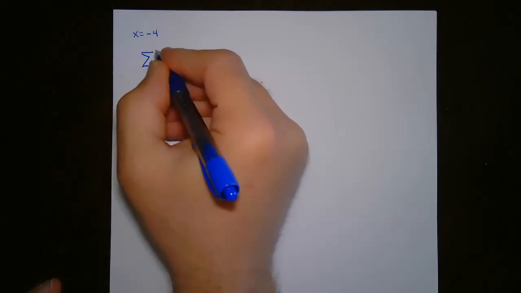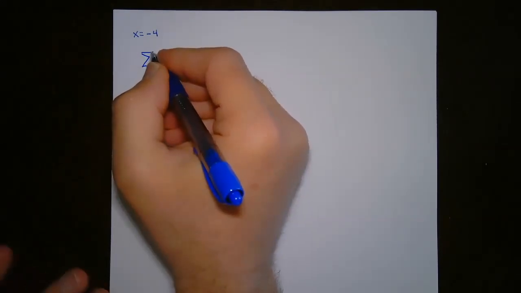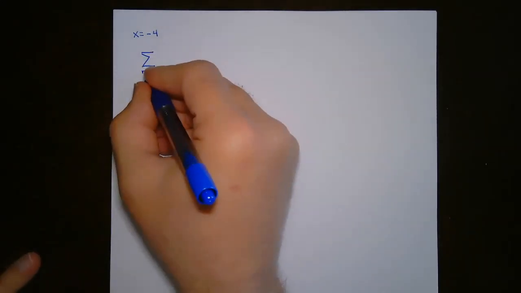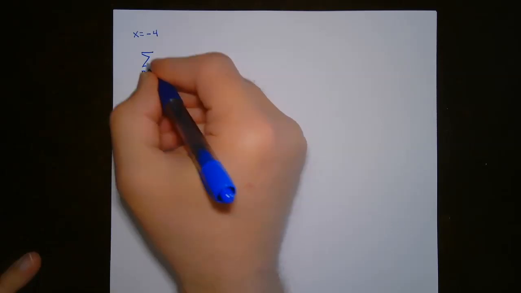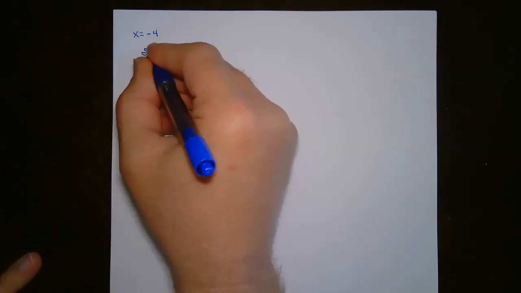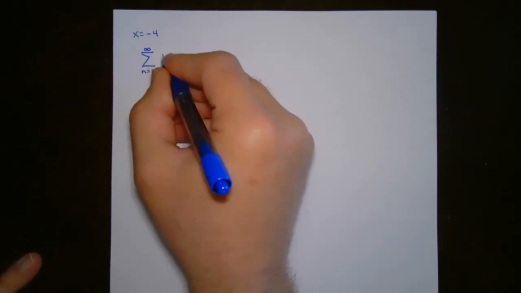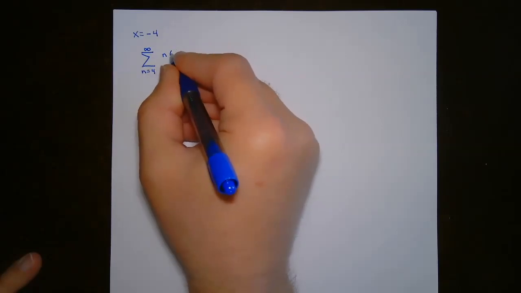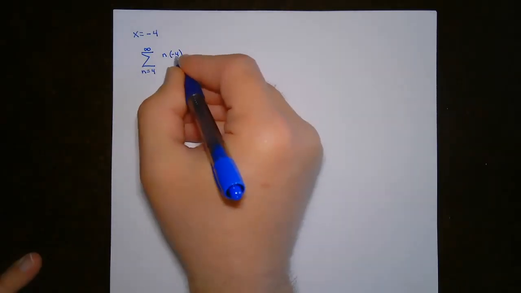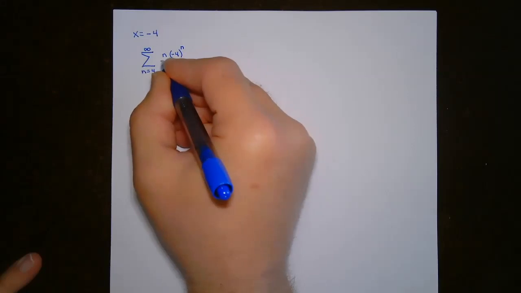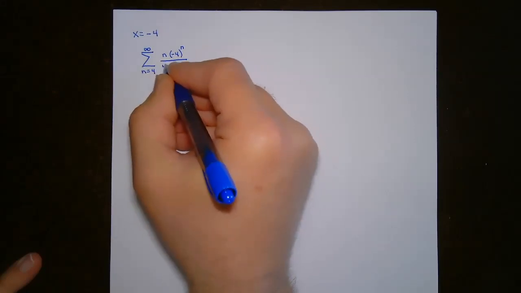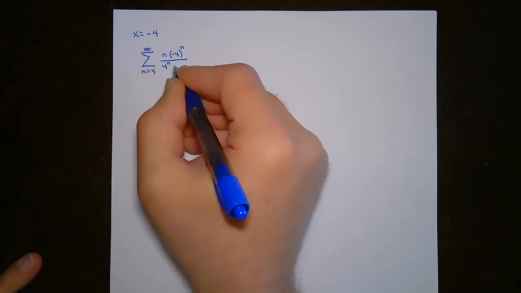We're going to put negative 4 in for x into our original series. This is n equals 4 to infinity of n times negative 4, because that's where our x was, right? Raised to the n over 4 to the n times n squared plus 1.